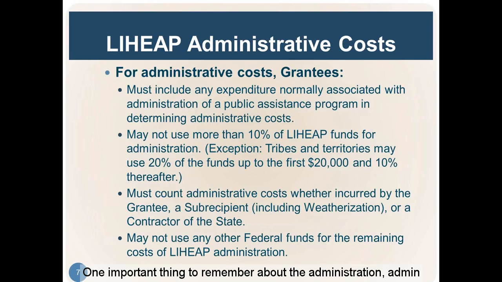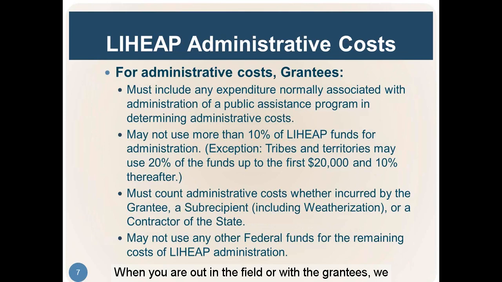One important thing to remember about administrative costs goes back to the importance of monitoring. When you're out in the field, yes, we understand you keep good track that administrative costs are not to exceed 10%, but you also need to monitor your subrecipients, because what they spend also factors into the whole 10%.